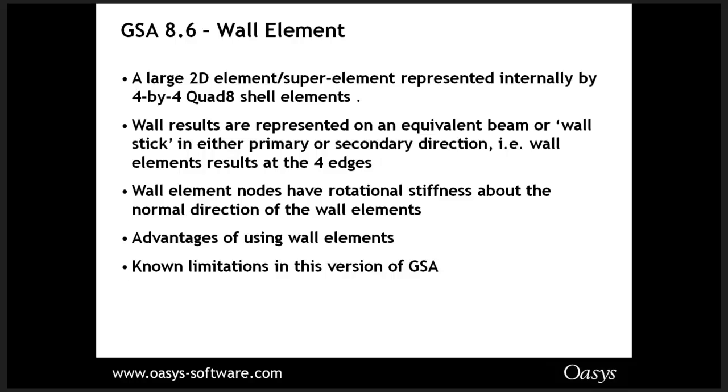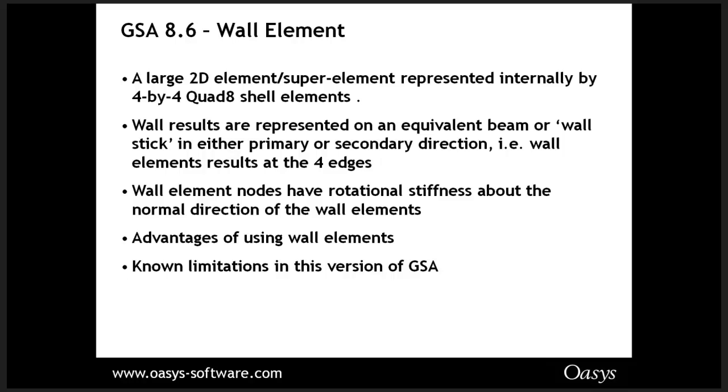Sometimes we call this drilling stiffness or drilling degree of freedom. Because the wall element is meshed internally, that gives us the opportunity to generate this rotational stiffness pretty precisely, accurately.